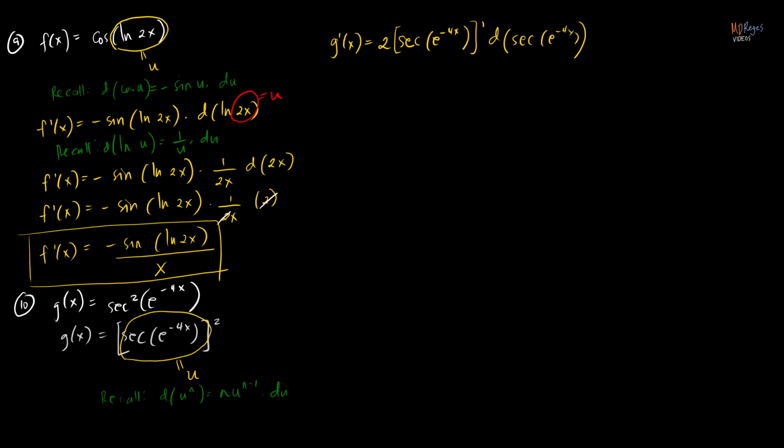We're not done with the differentiation process yet. So in the derivative of secant of e to the negative 4x, we'll have to use the formula for the derivative of secant of u, which gives us secant of u tangent of u times du. So in this case, this is u.